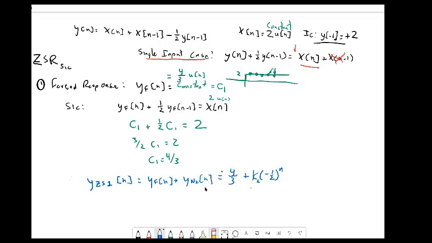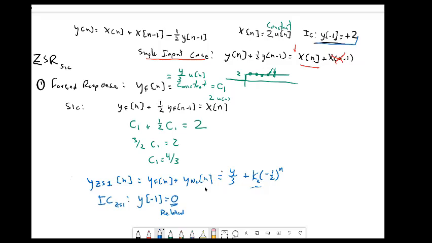Now I need to find this unknown coefficient, and we need an initial condition to do that. So we need the right initial condition for a single input case zero state response. That's not the one we have here. We have a zero state response, so we have to do the initial condition for a zero state. Well, I only have one of them, and that is y of -1 has to be 0, relaxed.